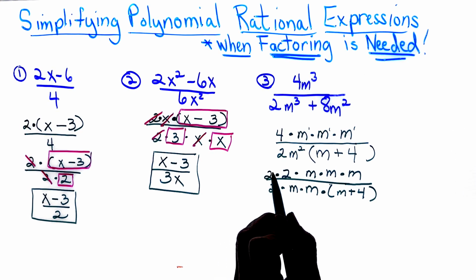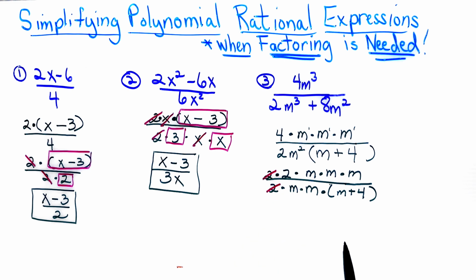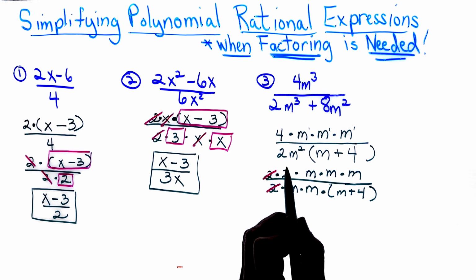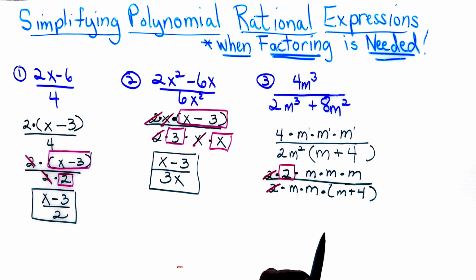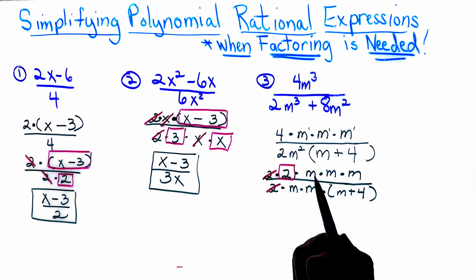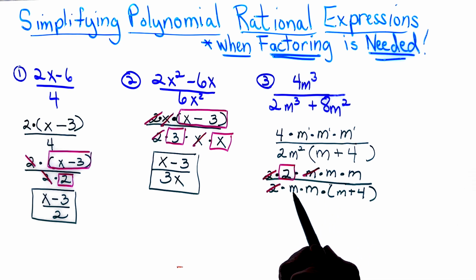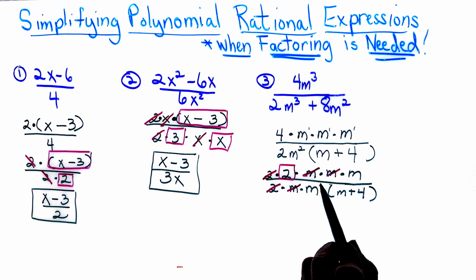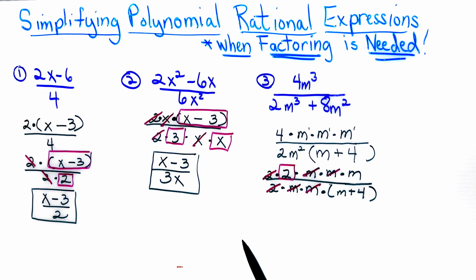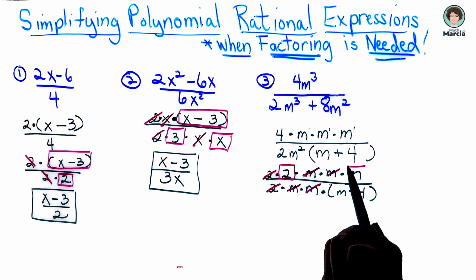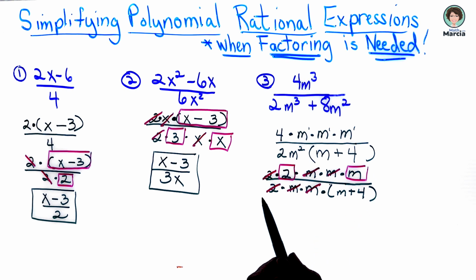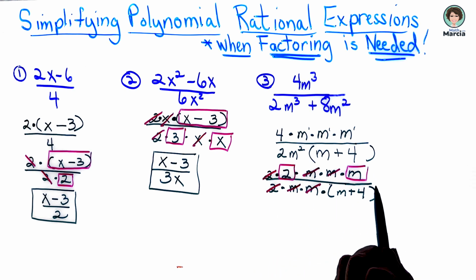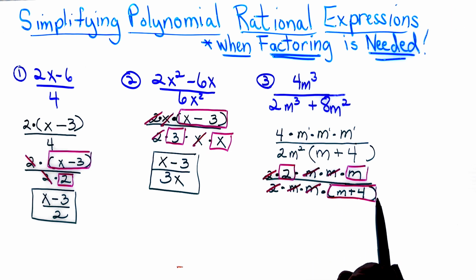So I can cross out one of my 2's because they're in the numerator and the denominator. So this guy is definitely left. And now I have one m here and one m, so I'm crossing it off. I have another m here and another m down below, so I'm crossing it off. This guy is left. And notice the only thing we have left down below is this.